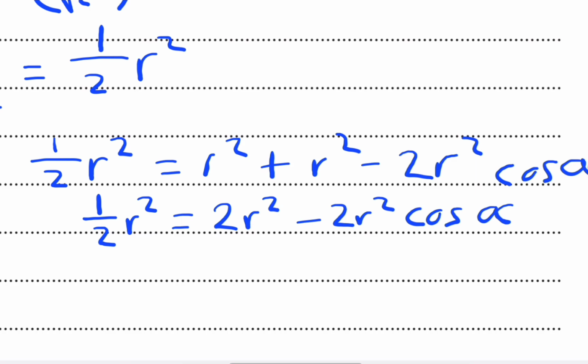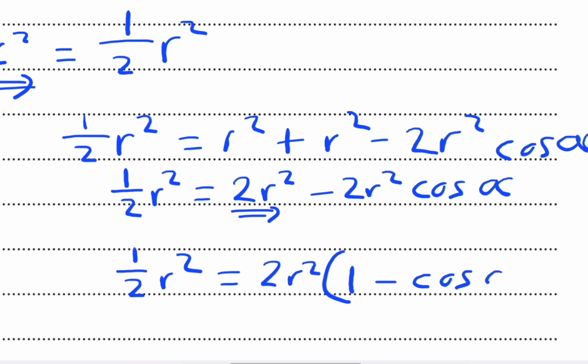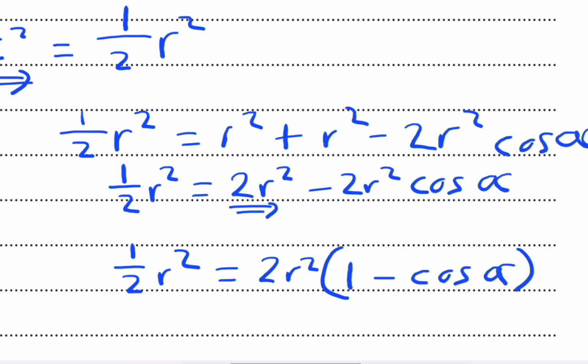And we're going to factor out 2r squared there, so half r squared equals 2r squared, open bracket, 1 minus cos alpha, right?